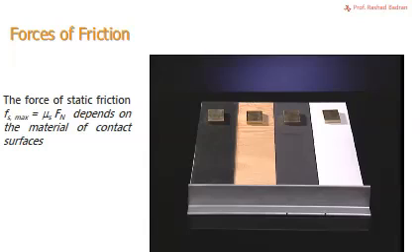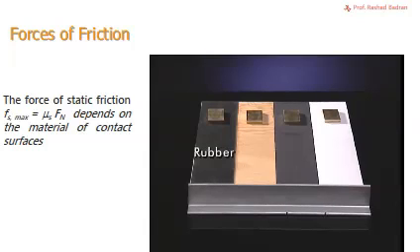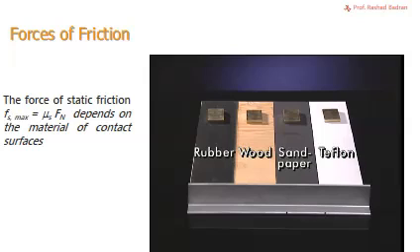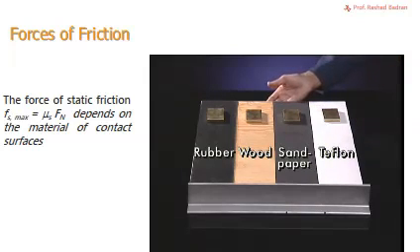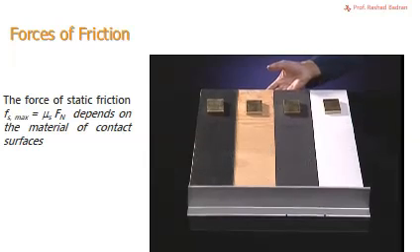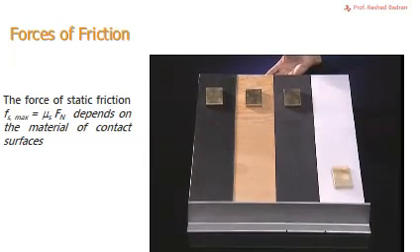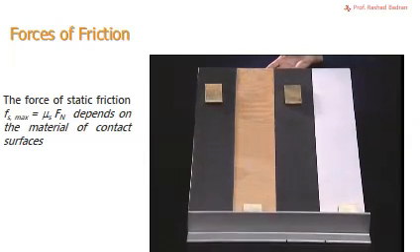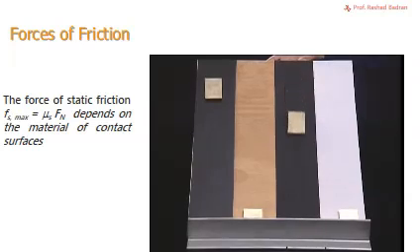This incline has 4 different surface materials: rubber, wood, sandpaper, and Teflon. Identical brass blocks are placed on the 4 surfaces. Now the board will be tilted until each of the blocks starts to slide down. As the board is tilted, the blocks begin to slide in a definite order.